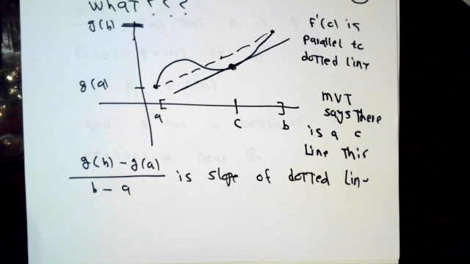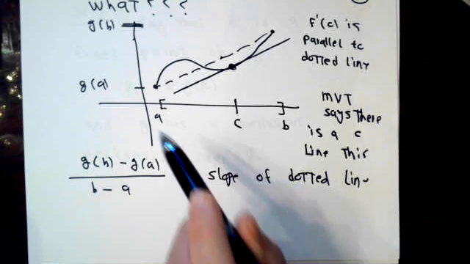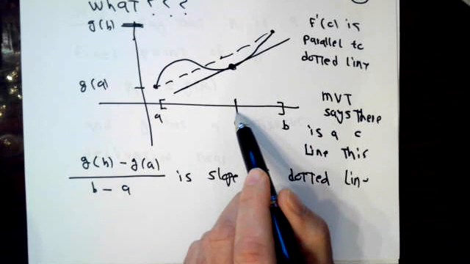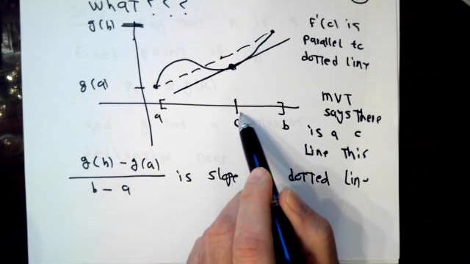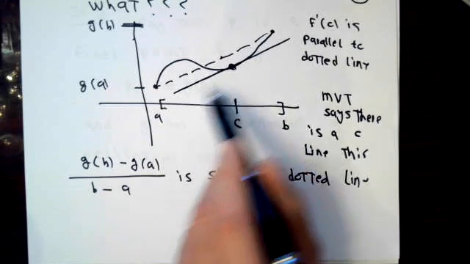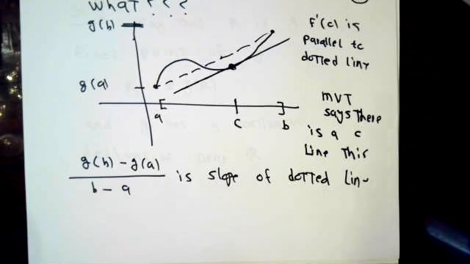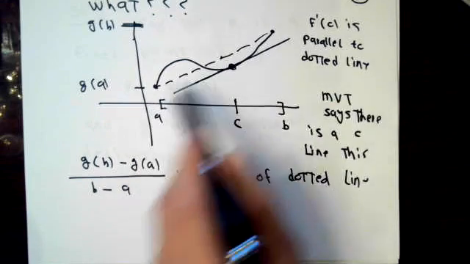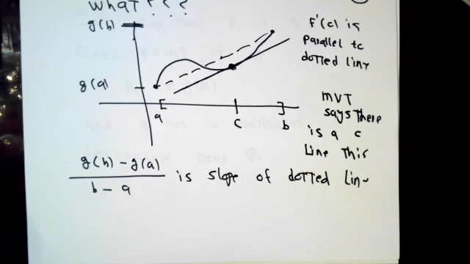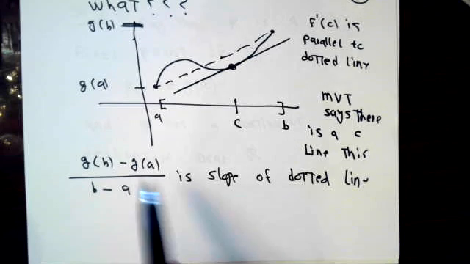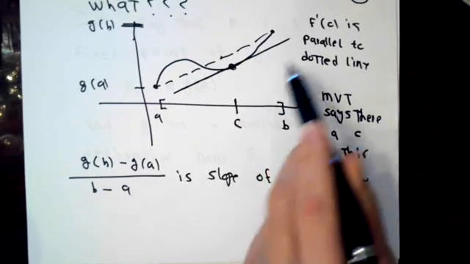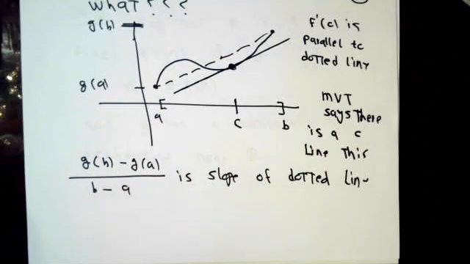And all the mean value theorem really means is, if your function g is really nice looking, has a continuous derivative, then somewhere in there, there's a place, which I'm going to label x equals c, where the slope of the tangent line, g prime of c, is the same as the slope of this other line, the dotted line. The mean value theorem just says somewhere in here, the tangent line is parallel to the dotted line. That's all that that language actually amounts to in terms of meaning.